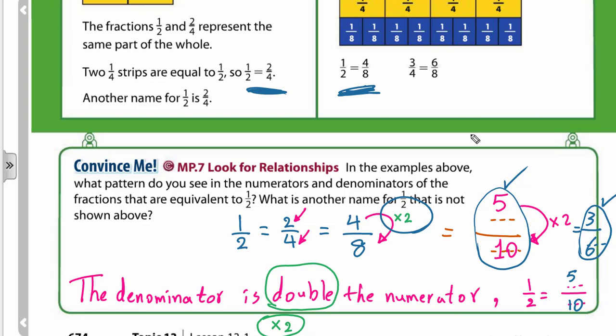Mr. Yes, Ahmed. We can double the 8. What is double the 8? Yes, that's right also. So you want to say that 1/2 equals 8 over what number? Double the 8. 16.